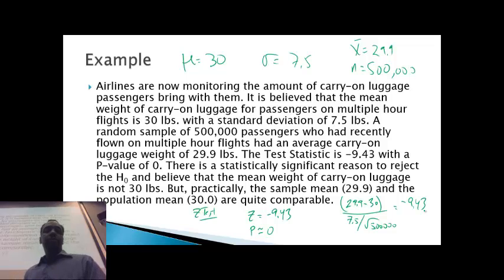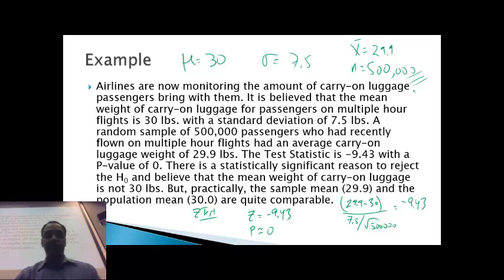So all I'm saying here is that from a practical standpoint, maybe you do have statistical significance with some small p-value, but practically 29.9 and 30 are pretty darn close. So having a sample size that's too big can almost be detrimental to you. It leads to rejecting the null hypothesis when you don't need to.